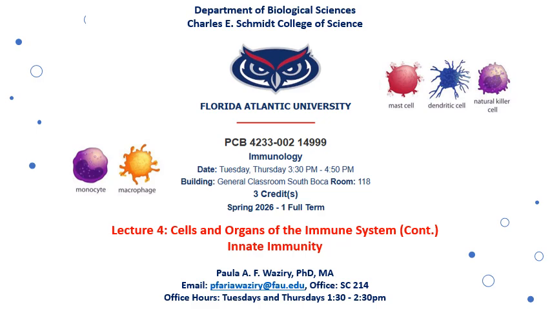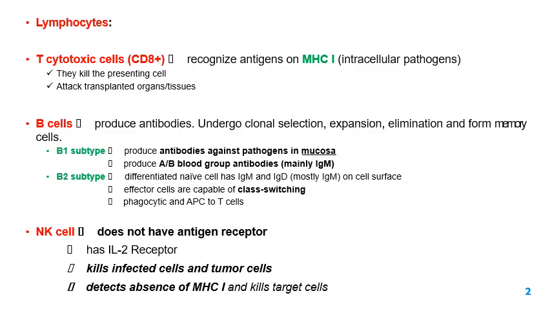Okay, so here we go with continuations of cells and organs of the immune system, and then we are going to start with more specifics on the innate immune system. So we had stopped on this slide before, and we briefly talked about the lymphocytes.